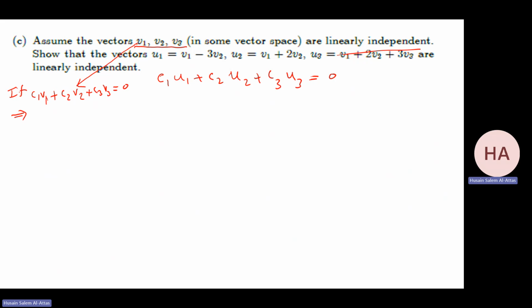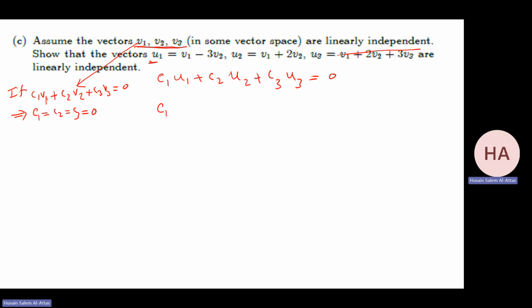Right away, if I have a constant times V1 plus another constant times V2 plus a third constant times V3 is equal to 0, those constants should be 0, since he said V1, V2, V3 are linearly independent. Okay, now let us work with these U1, U2, U3.